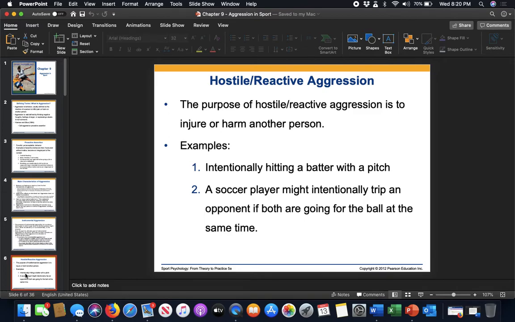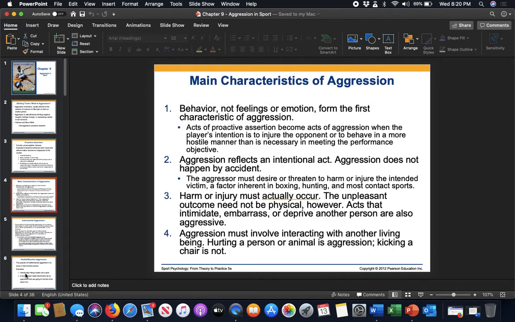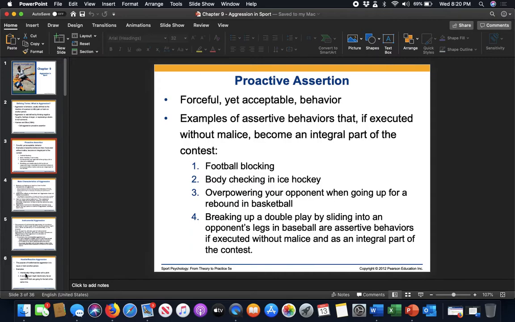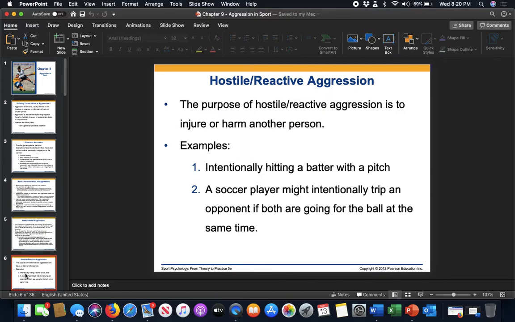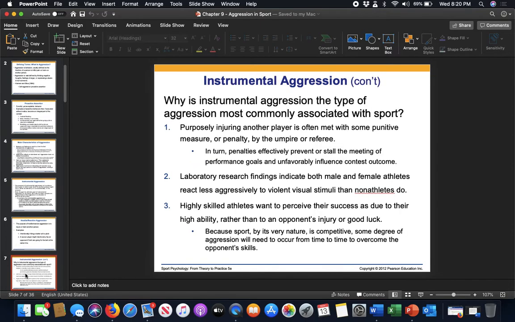All right. So if we go back: part of the game, proactive assertion, intimidation factor, instrumental aggression; on purpose, unnecessary, intent to harm, all there for hostile or reactive aggression. So pay attention to those. Definitely you might find them on your test. But what really happens when it comes down to it?